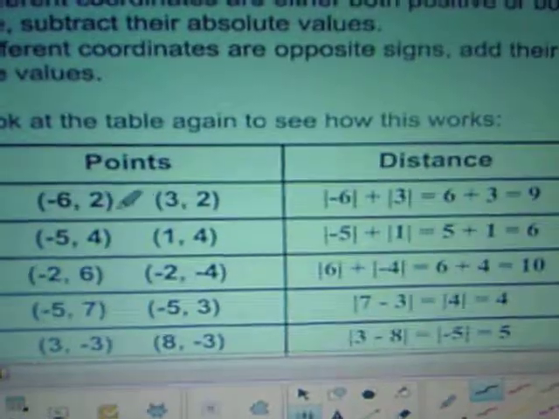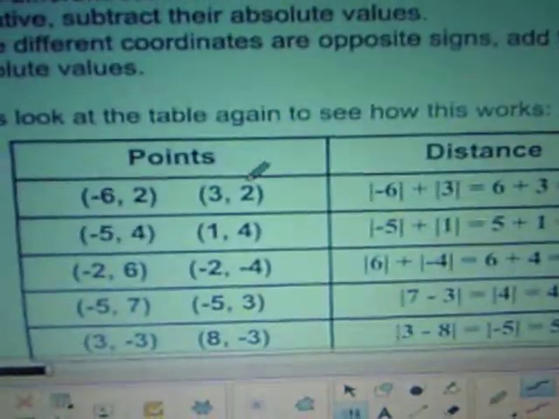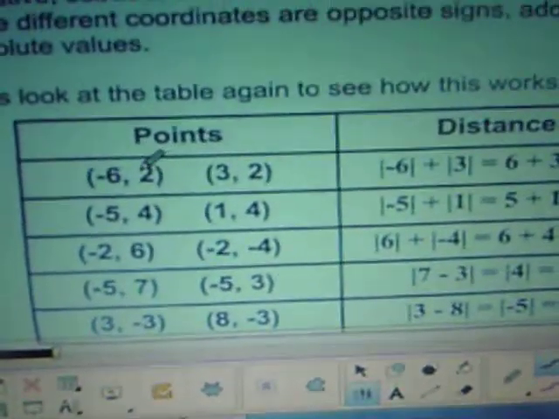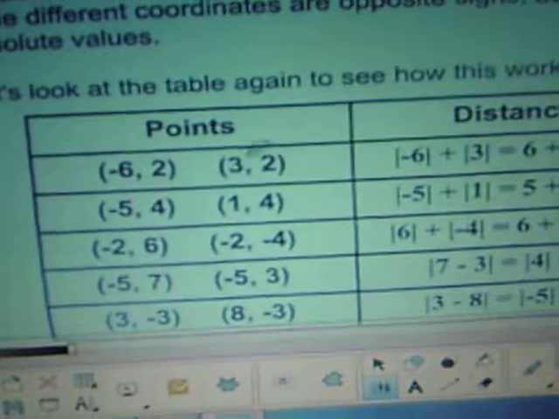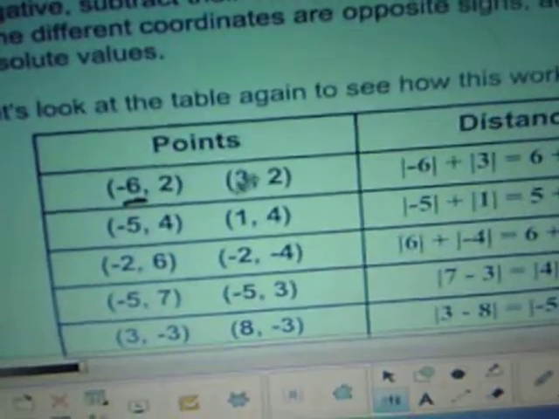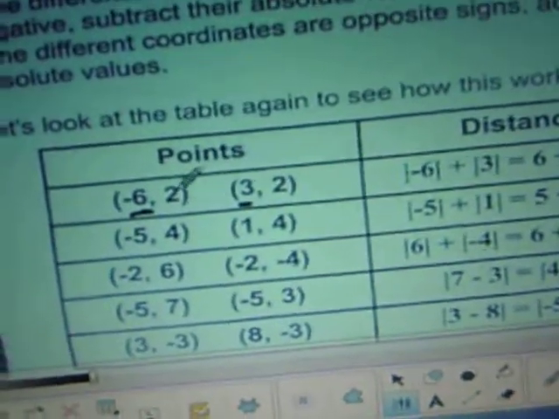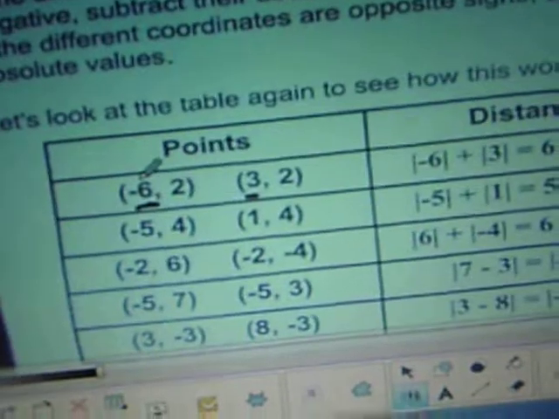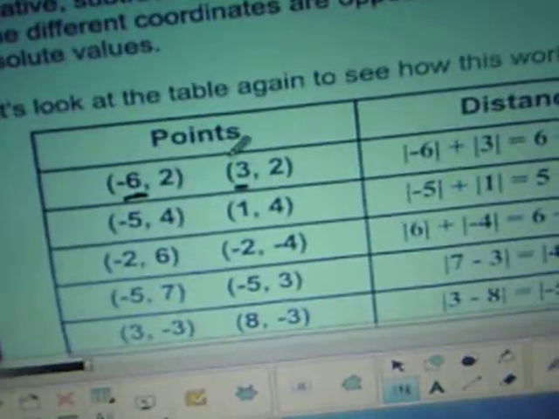So all you do is, in each one, if you're trying to find the distance between them, first look to see which ones are different. Are the x's different or are the y's different? In this one, it's the front numbers, the x's, that are different. They both have a 2 for the y, but their x coordinates are different. -6 and 3.